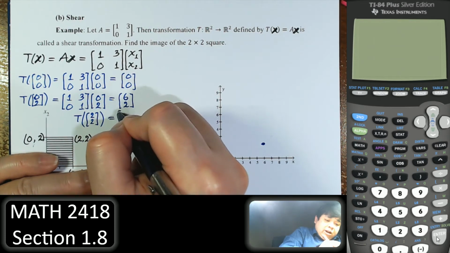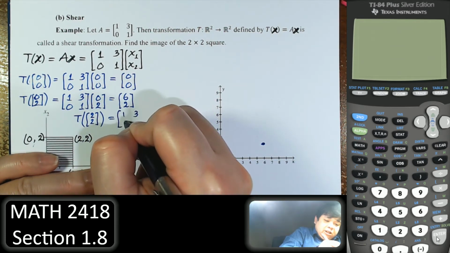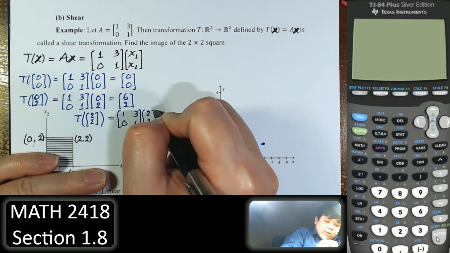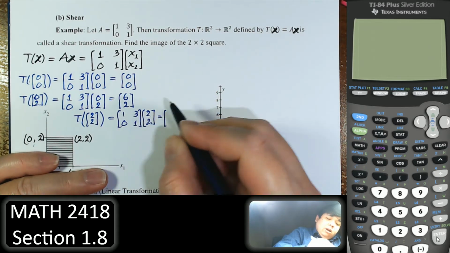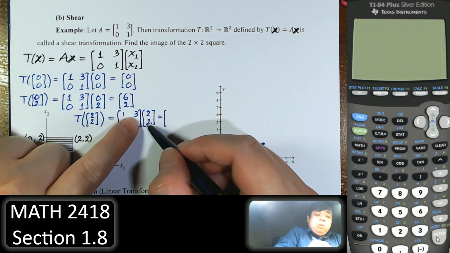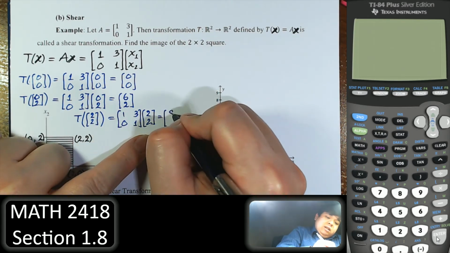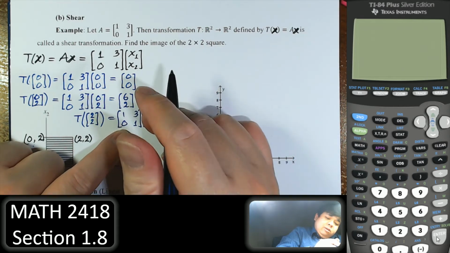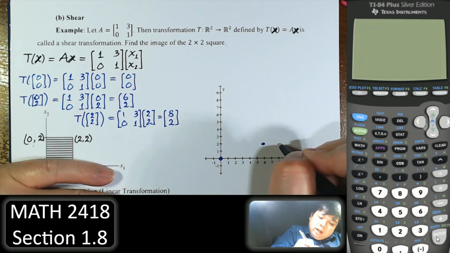Just take the matrix times the vector. 2 plus 6 is 8, and then 2. So 8 and 2.